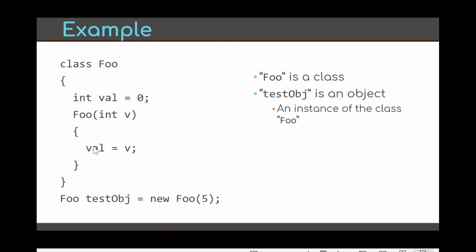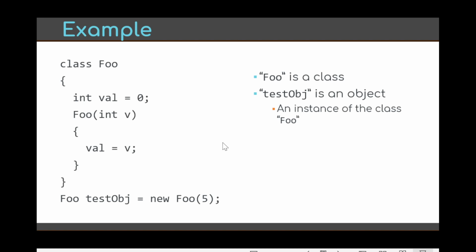This is how you set it up. That's how you get it started. So if we pass Foo in 5, v would be 5. v would then be assigned to the value member variable. And you could access it and use it.